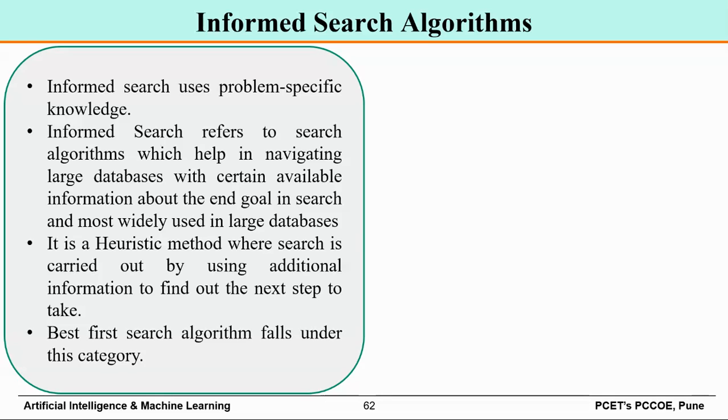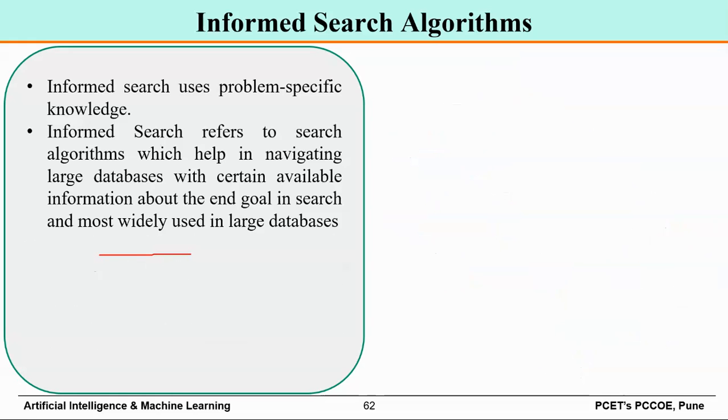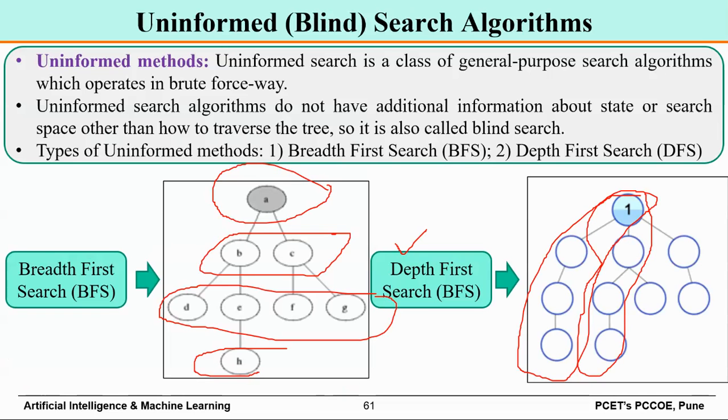Here, informed search algorithms are also called a kind of heuristic approach. This could be a new word for you, but it is related to informed search algorithms. When we say uninformed, as I said, you will not have any data, so you will find out all the alternatives.